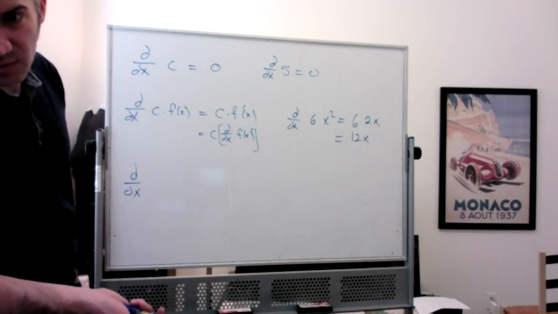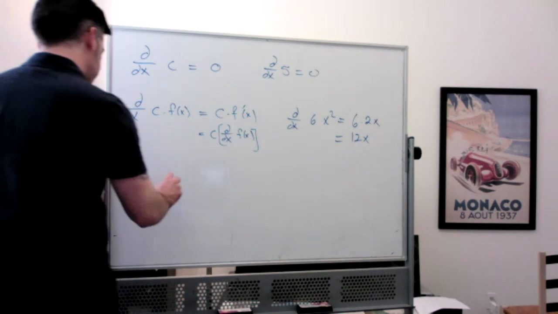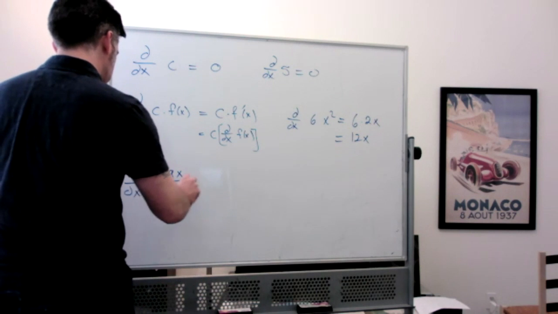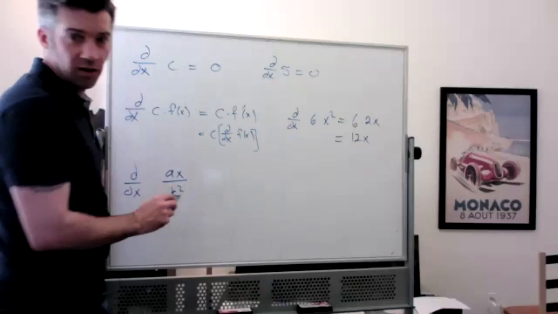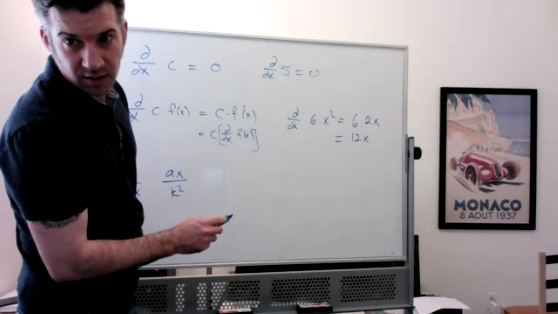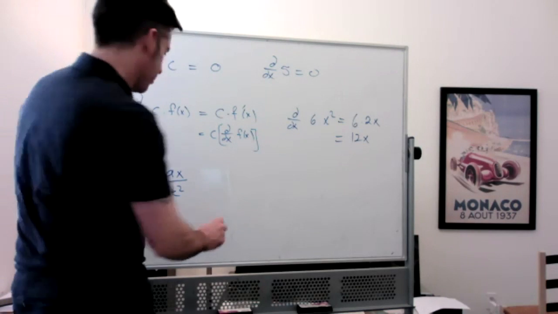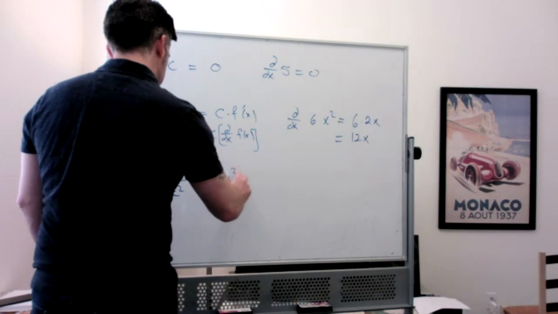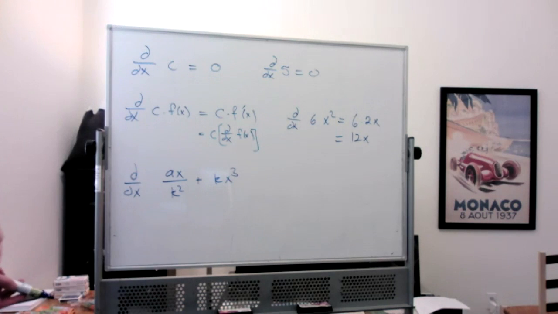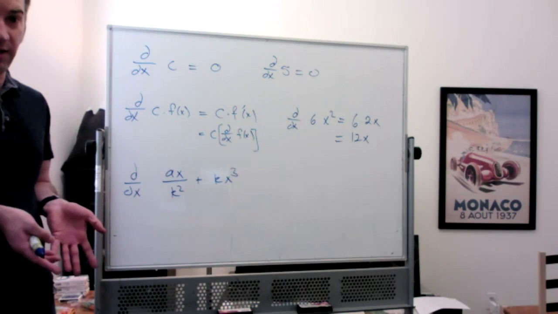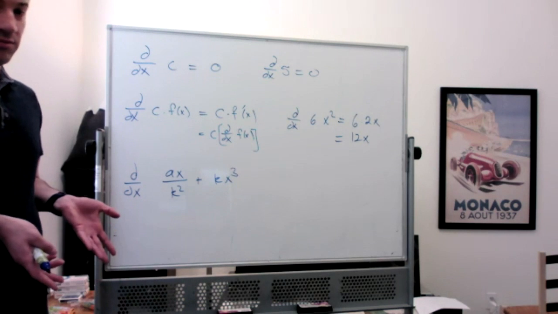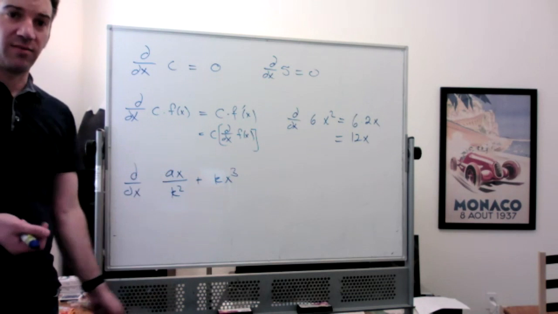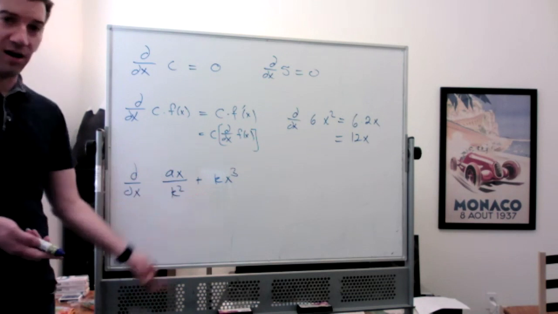I'm going to change this up just a little bit: ax over k squared plus kx cubed. This can be a little confusing because there's all these letters. But here's what we have to remember: x is the variable. a and k are constants.